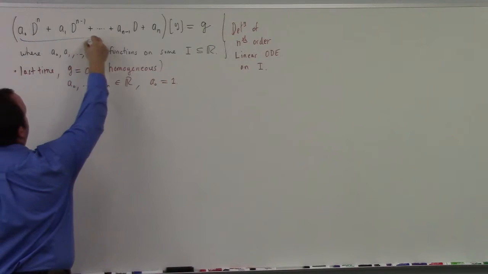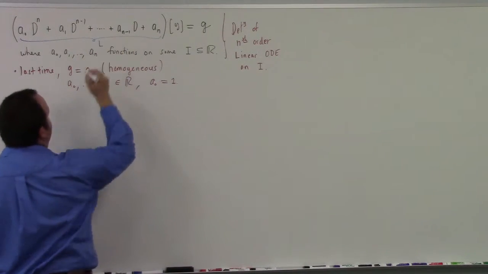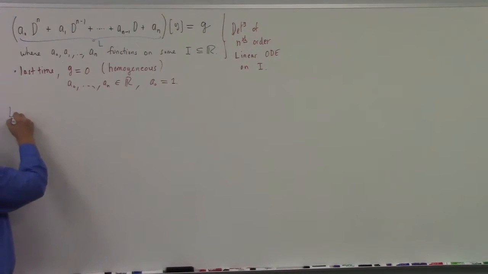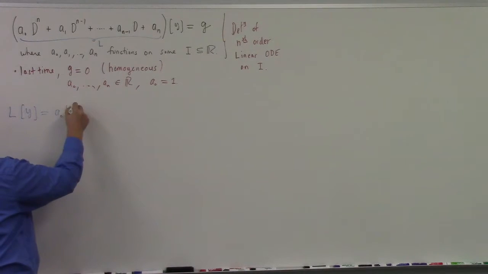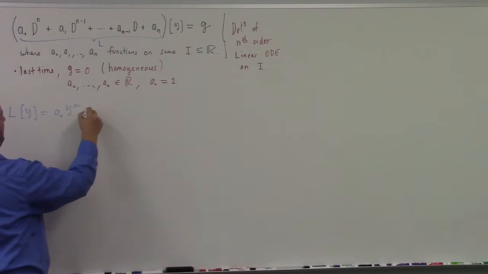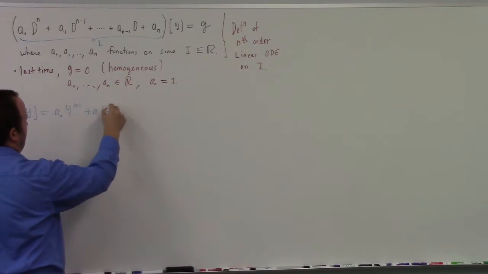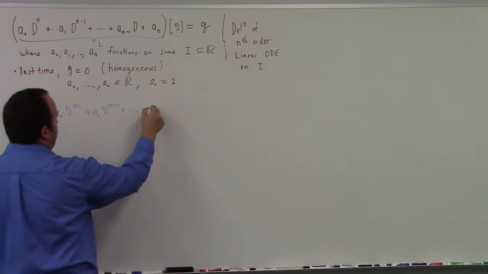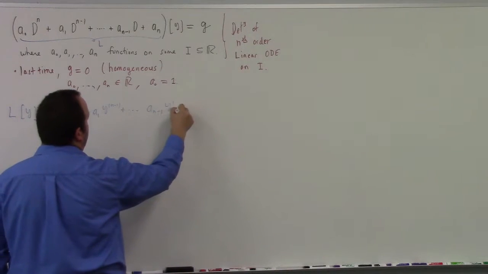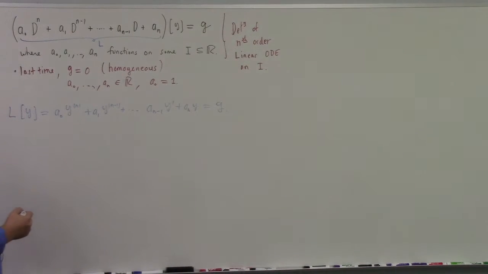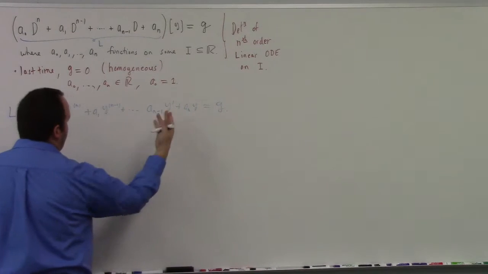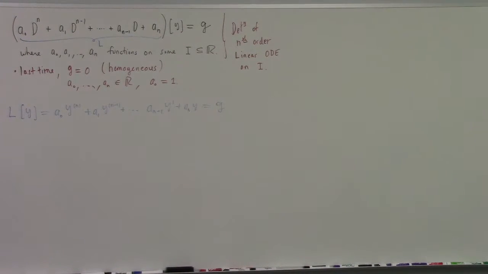Let's call this whole operator L. So we have L of y is A naught times the nth derivative of y, plus A1 times the n minus 1th derivative of y, plus and so on, plus an minus 1 times y prime, plus an times y, equals g. So that would be the notation. Oftentimes we see the differential equation in the prime notation, not in the operator notation, just to go back to that.